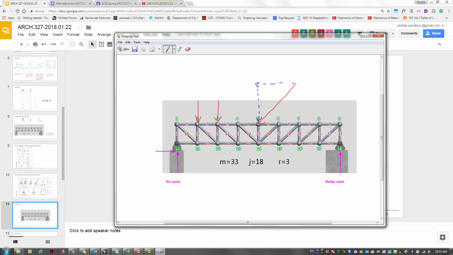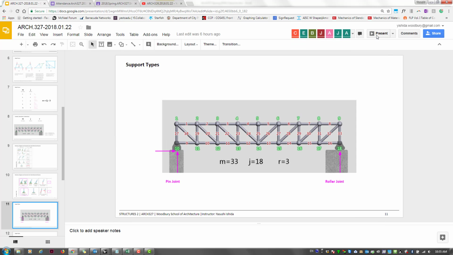And that joint on the right, which is a roller joint, has zero capacity to resist a horizontal load, so it's got to be resisted by this one. So if there's that much horizontal component in the applied loading, then there's got to be an equivalent magnitude of reaction in the opposite sense at that pin joint. That makes sense?